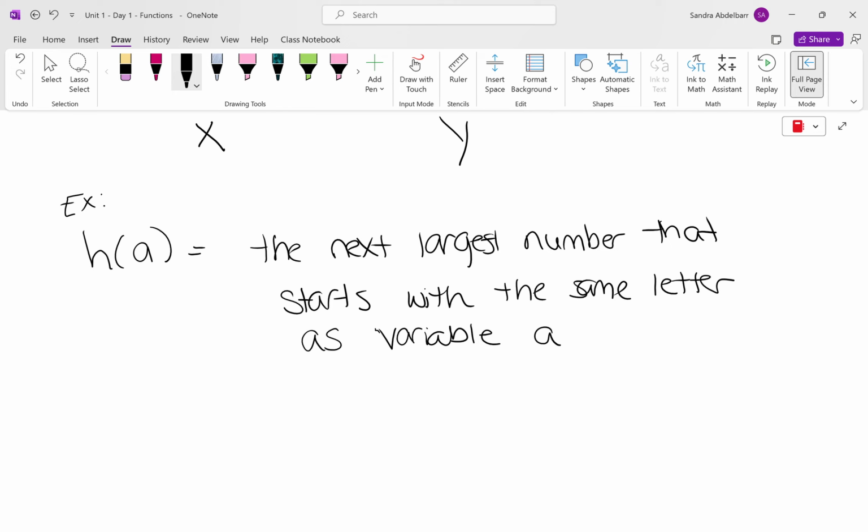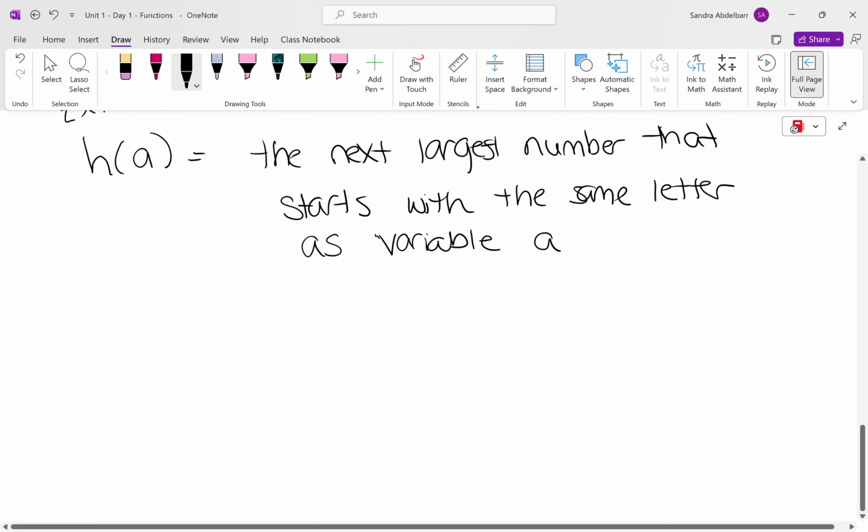So this is my function. My function machine gives the next largest number that starts with the same letter as the variable a.